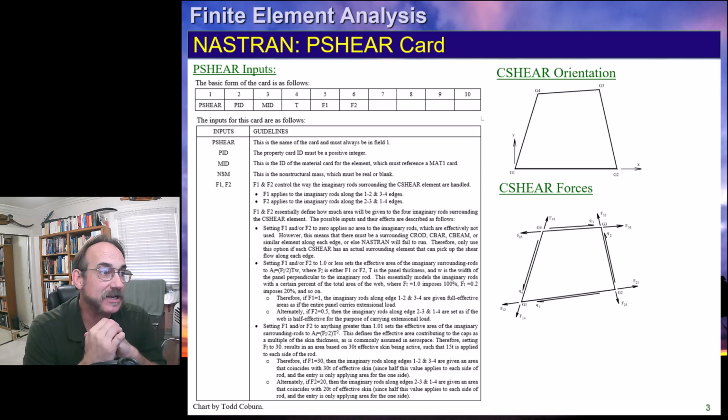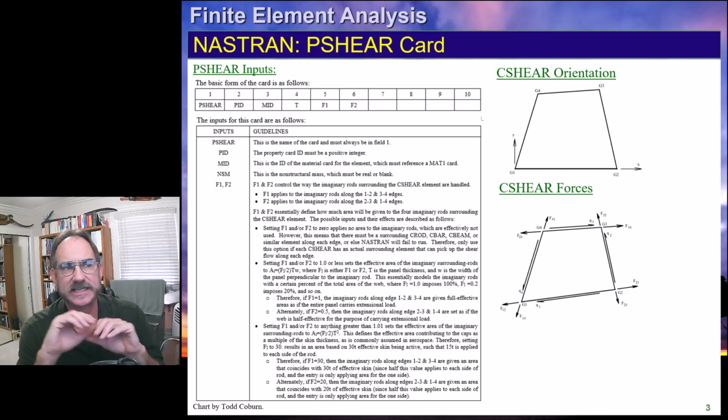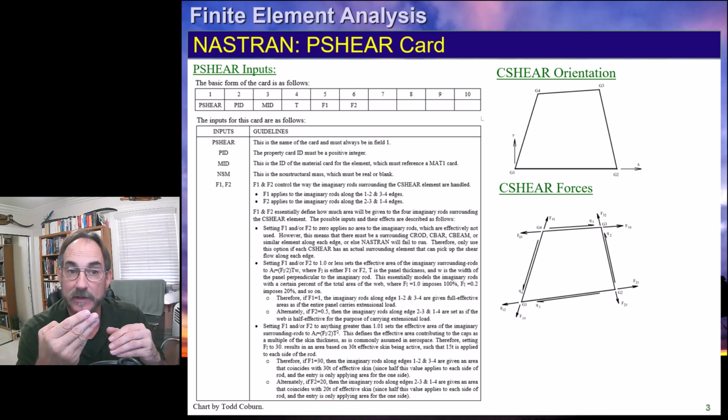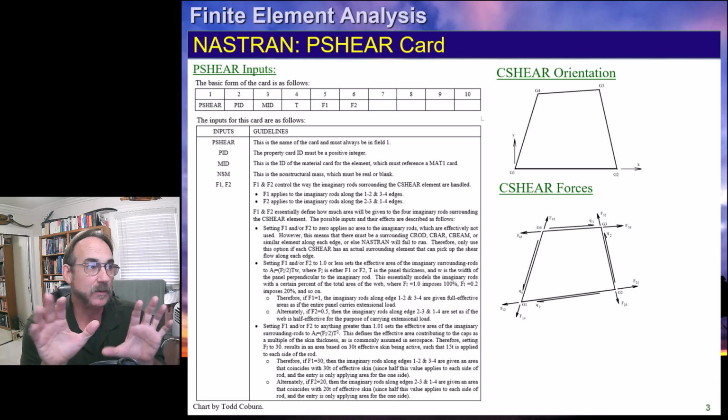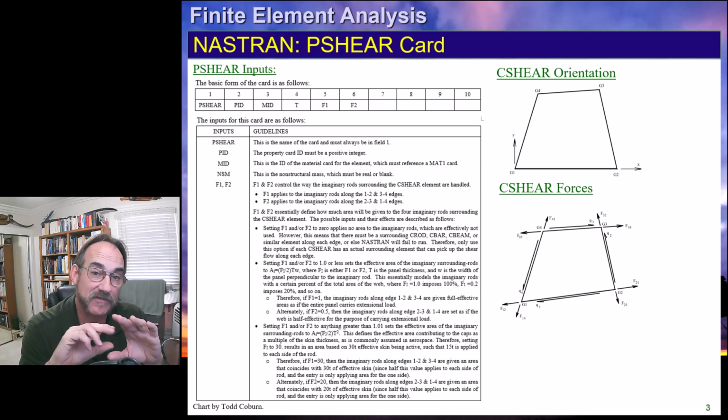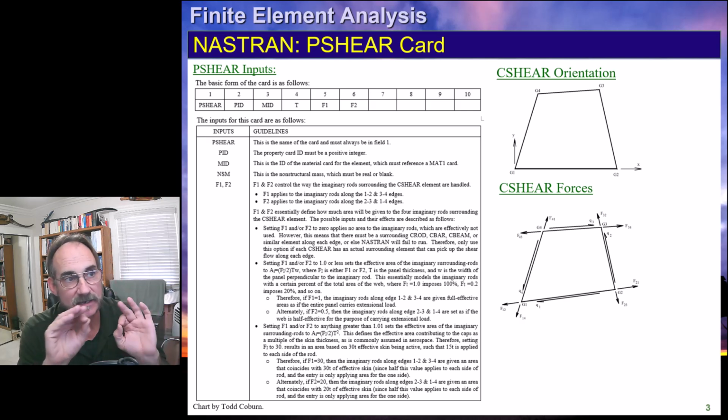But if you set that F1 parameter to, say, 0.5, that's going to give you 50% effective width. 0.2, 20% effective width. So once again, we can use these F parameters to either set some multiple of the thickness as our effective width, or to set some percentage of the width to an effective width, or to set no effective width. And reading this will tell you how that's done like we just described.